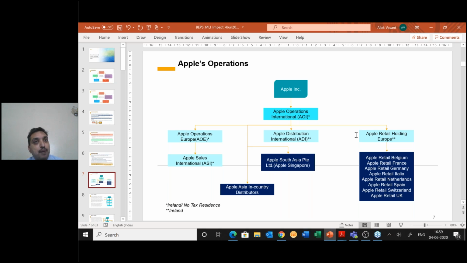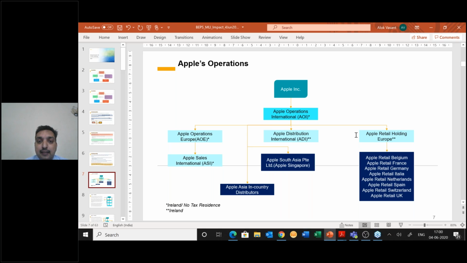So this is the case of Apple, and we all know Apple is headquartered in the US. What Apple did was set up a subsidiary in Ireland, and in this particular slide, you will see Apple Operations International.